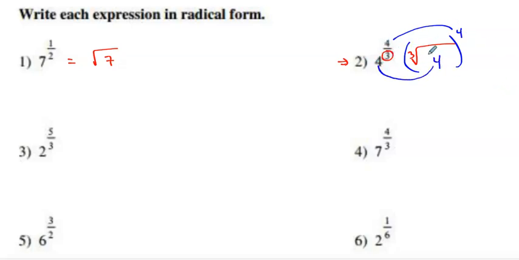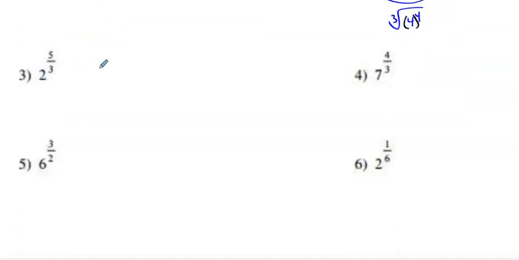So 4 to the 4/3 power is the cube root of 4 to the 4th, and you could write this as the cube root of 4 to the 4th either way, and either answer is fine. If you want to put parentheses in there, that's fine too. All right, so number 3, 2 to the 5/3 power. So this is my root. So the cube root of, well, there's my base of 2, and all raised to the 5th power. Or again, you could do cube root of 2 to the 5th power, either one.